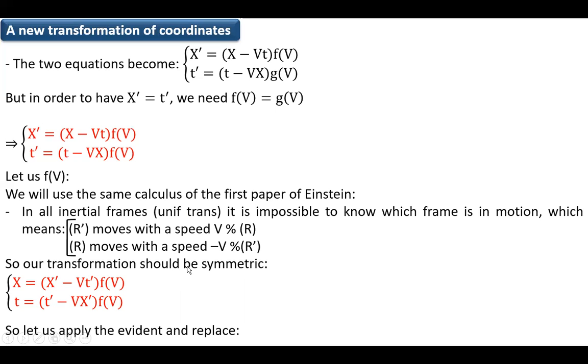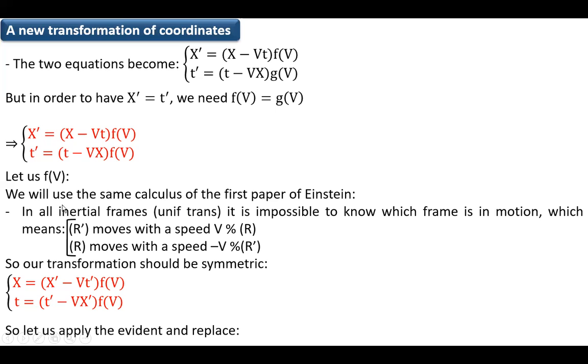So our transformation in this case should be symmetric. What do we mean by symmetric? It means that if you have x prime equal to (x minus vt) times f of v, you should also have x equal to (x prime minus vt prime) times f of v.